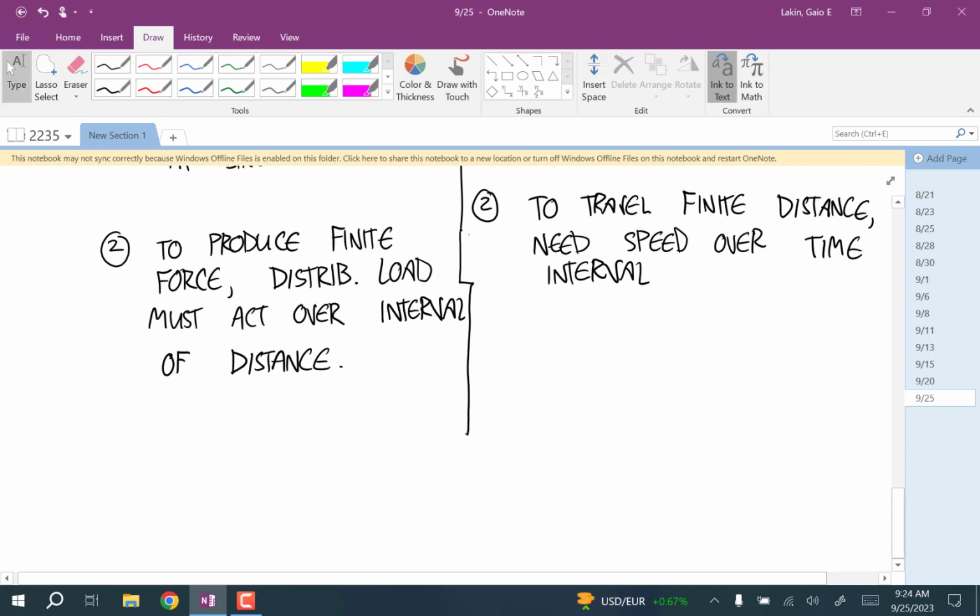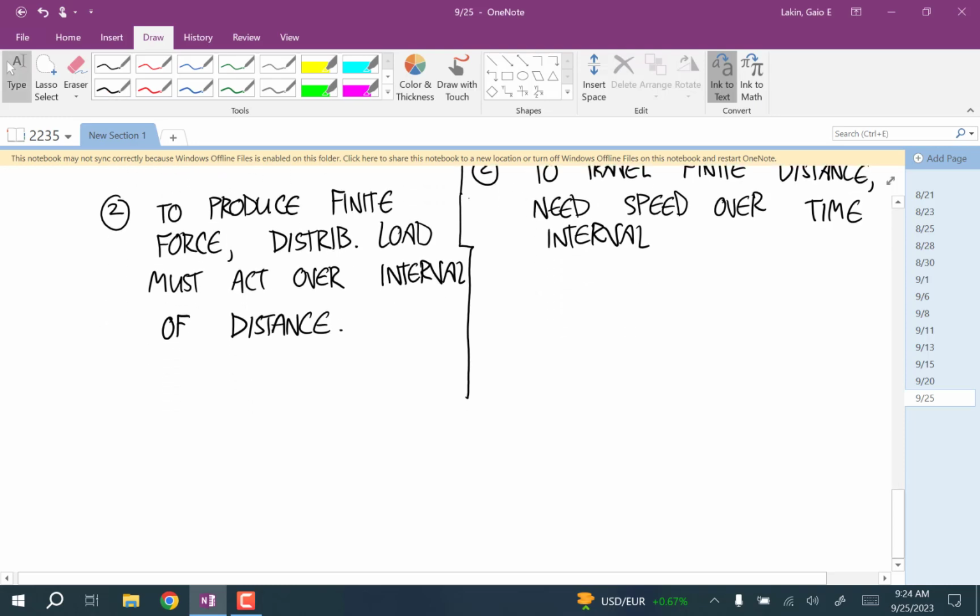And then third, so how can you think of, like, what does the distributed load mean? Well, what does the speed mean? It says that your speed is how far you would travel if that was the uniform speed you traveled for an entire unit of time, right? So 60 miles per hour means if you stayed at 60 miles per hour for a full hour, you'd go 60 miles, right?